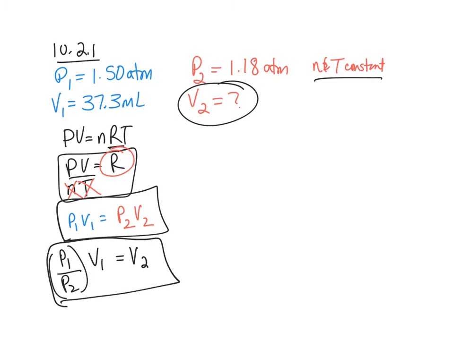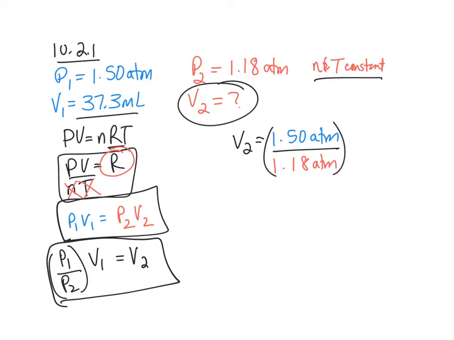Now I plug and chug. I have defined my variables up here. So now I'm going to just go V2 equals P1 is 1.50 atmospheres, and P2 is 1.18 atmospheres, and then V1 is 37.3 milliliters.